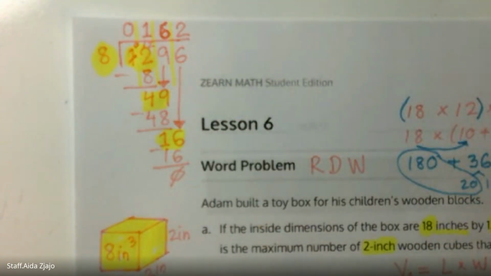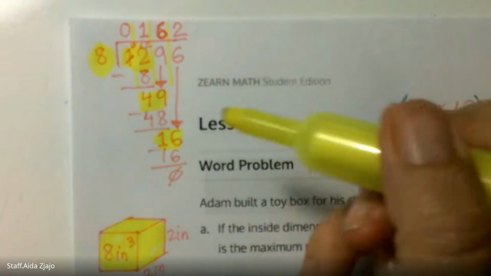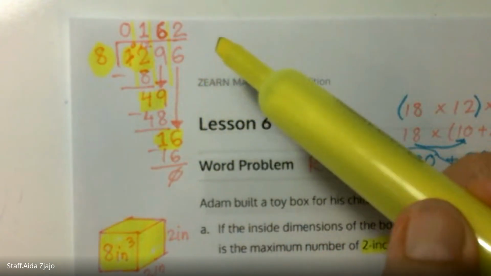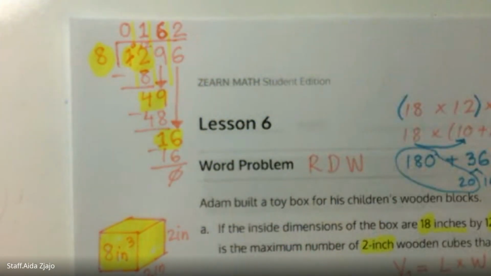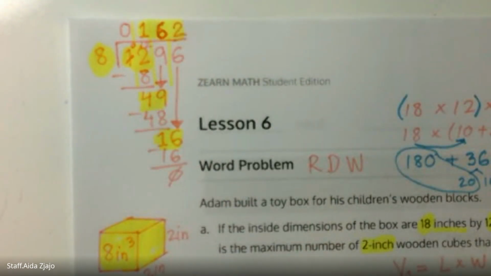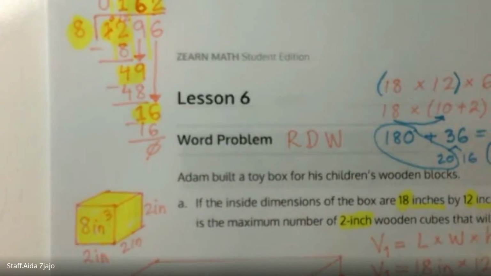So we got our answer. If we have a volume of the cube that is 1296, we can put inside 162 2-inch wooden cubes.